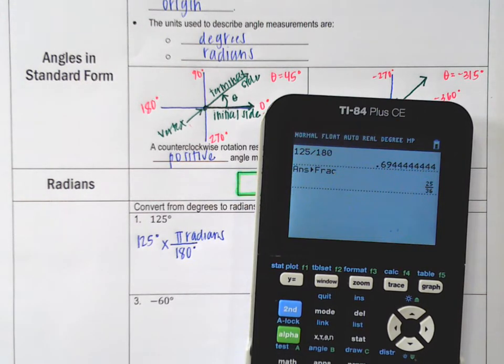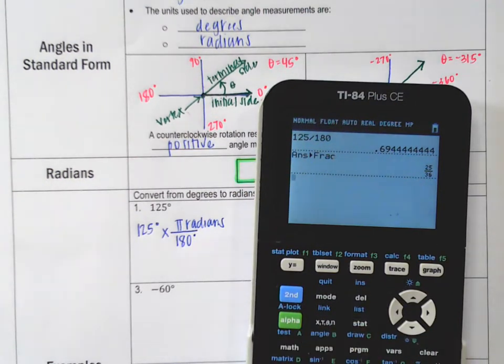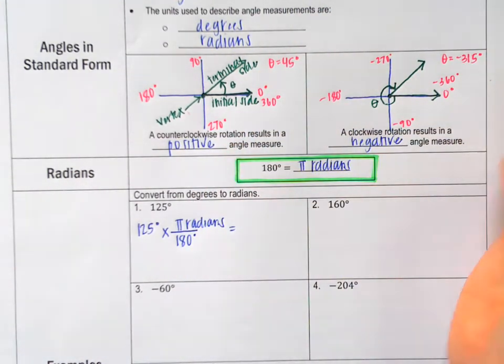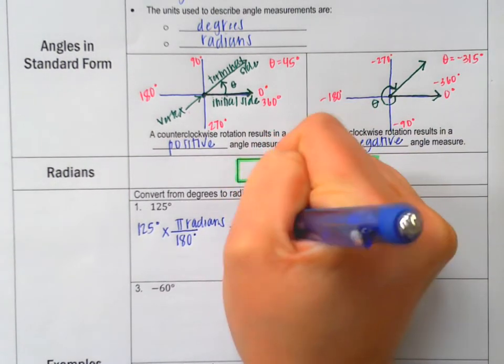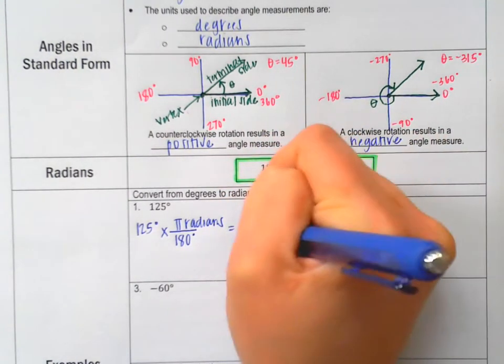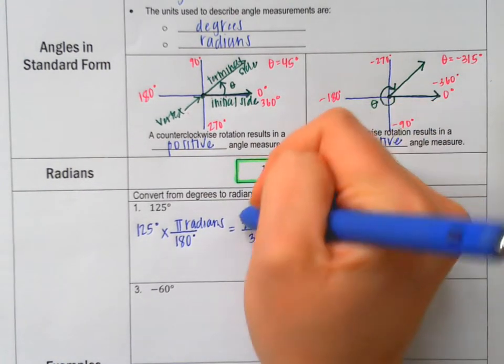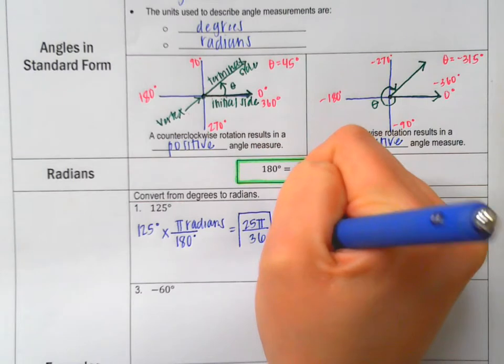Remember, our calculator does that if I press math and then frac. So 25 over 36 would be my simplified fraction. So my answer here would be 25, bring the pi back in, over 36. And that would be my final answer written in radians.